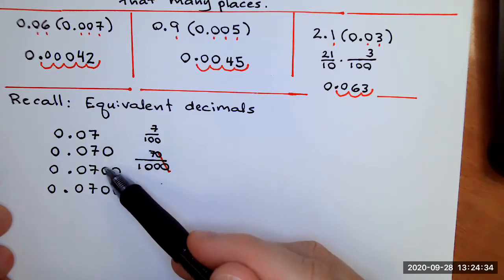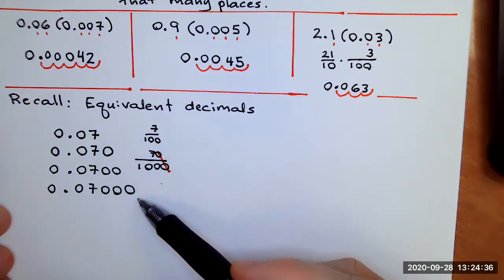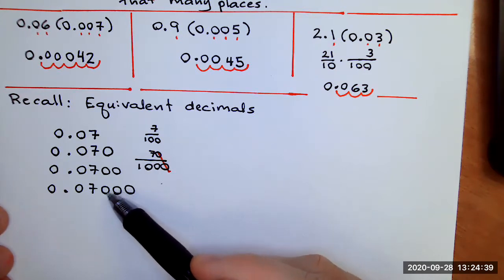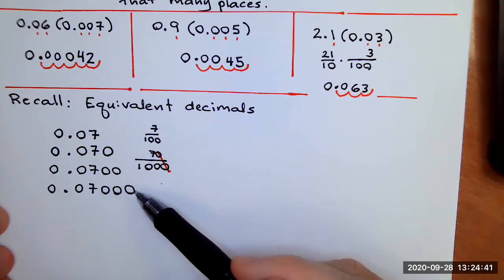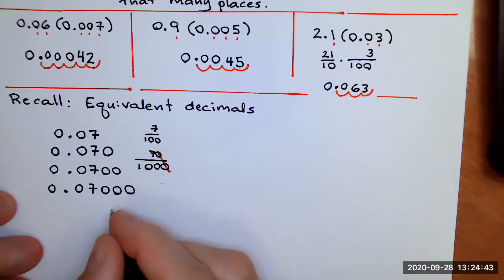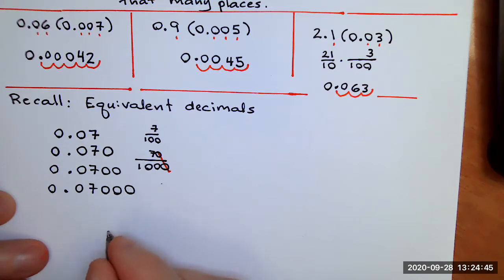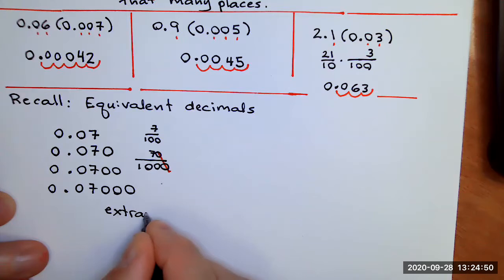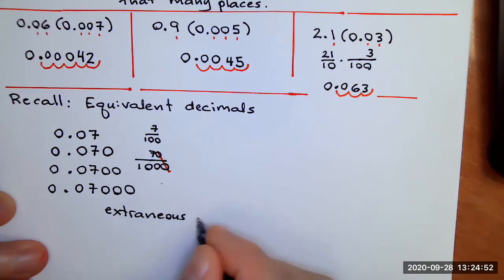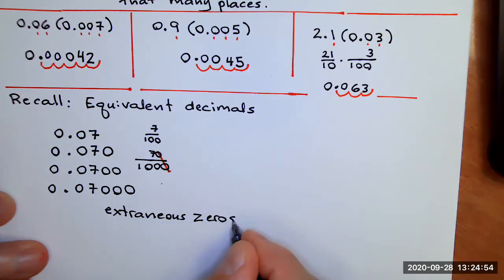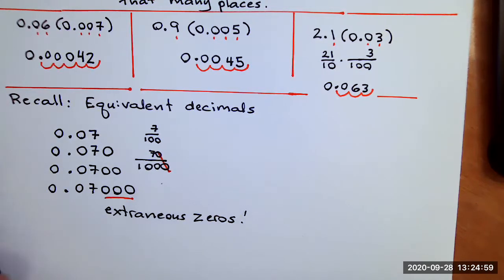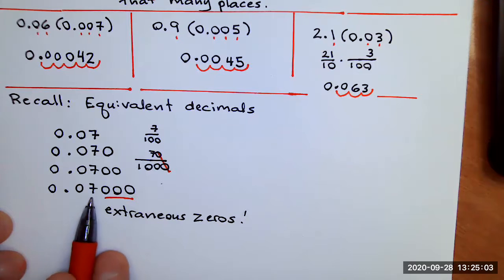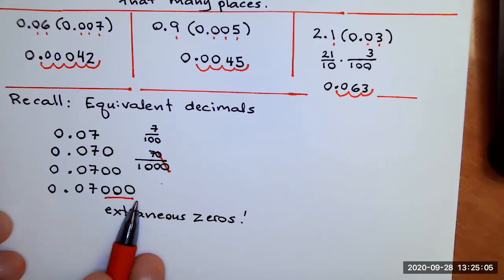So you can add zeros at the end of a decimal without changing it. You can also take away these zeros at the end. So we're going to call these extraneous zeros. So the zeros at the end after the non-zero digit are extraneous.